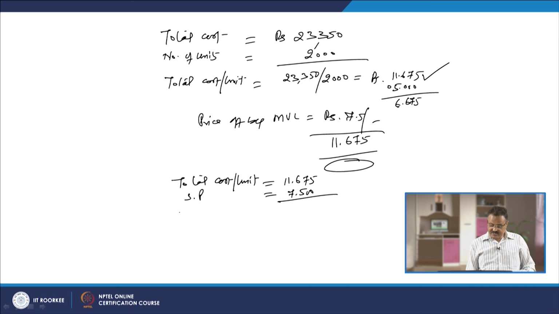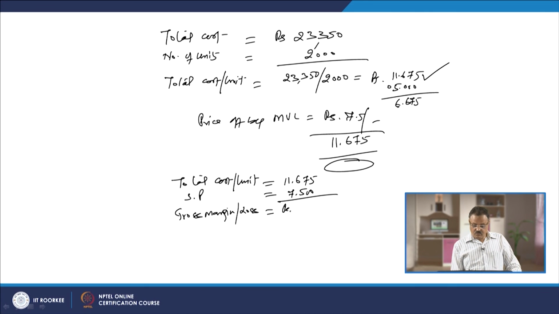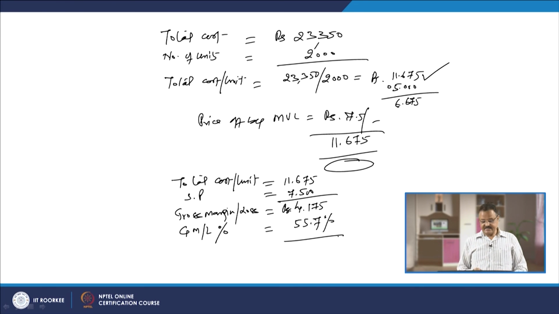If you calculate the gross margin or loss, this amount is going to be rupees 4.175, and the gross margin or loss percentage comes to 55.70%. So, we find that the price offered by the buyer is 7.500, and the total cost we have worked out is 11.675.